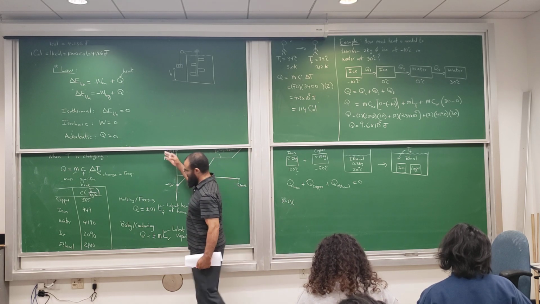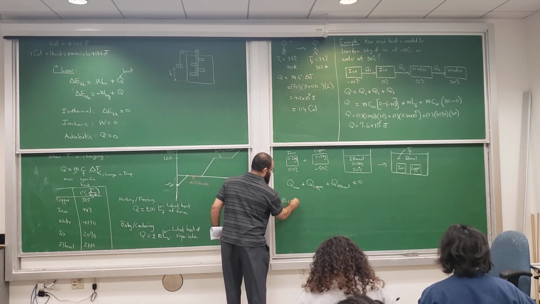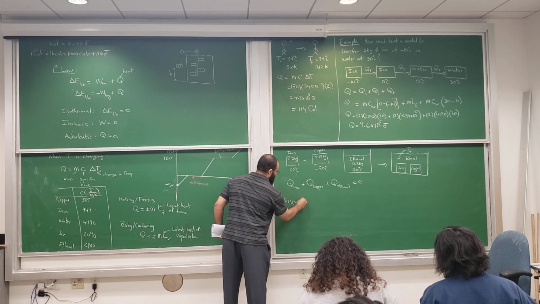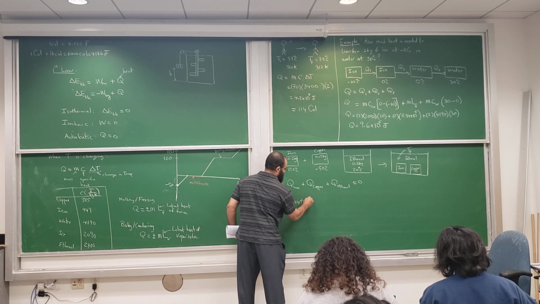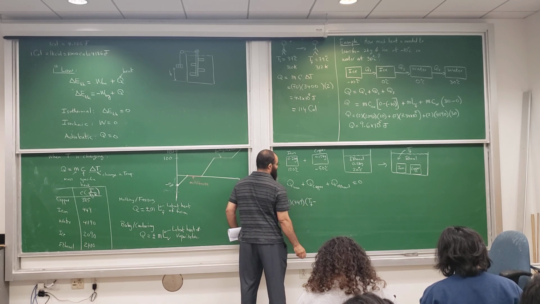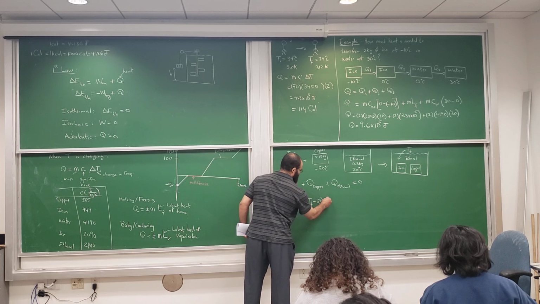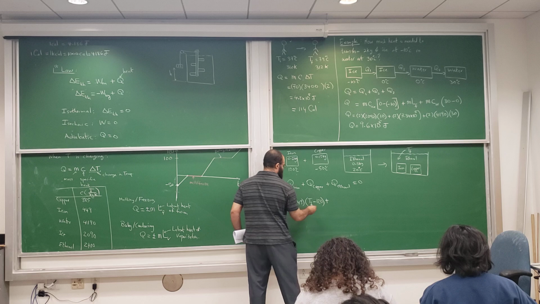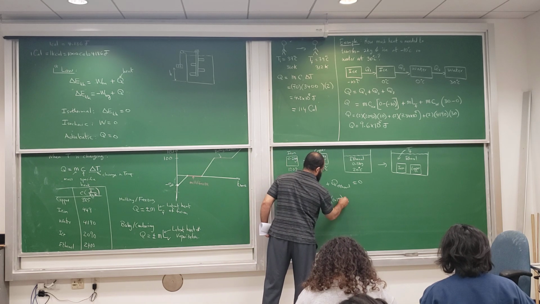What's the specific heat of iron? 449. That's right, 449. Times the change in temperature, what should I put? T final minus T initial. Then plus for copper, 0.15, the mass for copper.